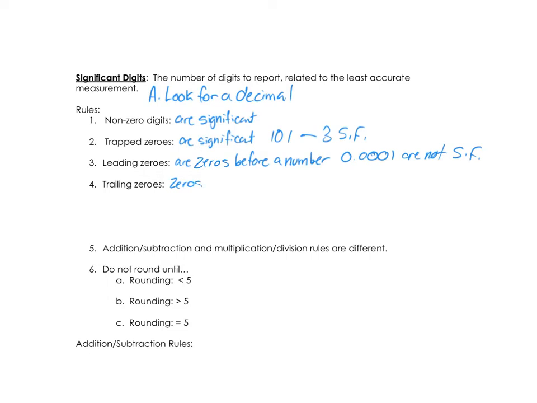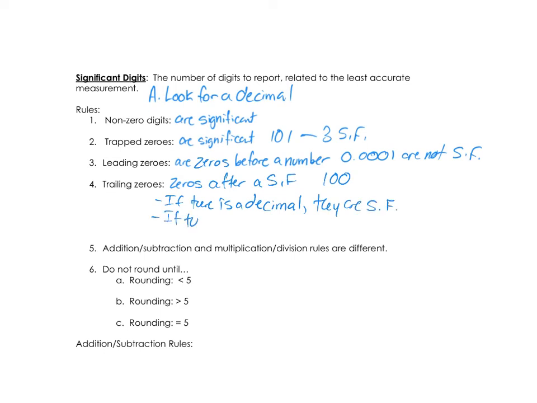And trailing zeros are basically zeros after the sig fig. So something like 100. This is where the decimal is important. If there is a decimal, they are sig figs.